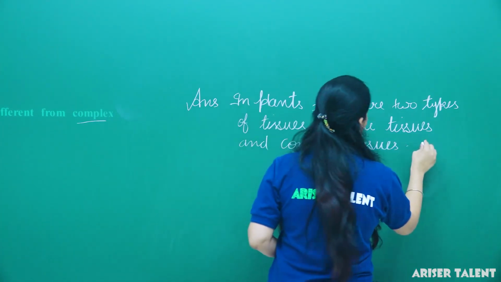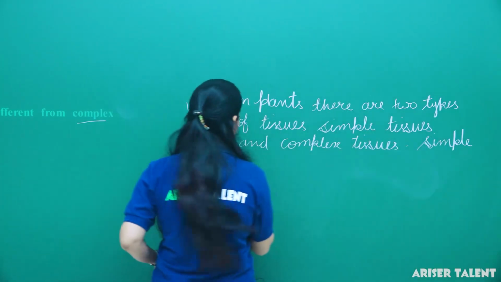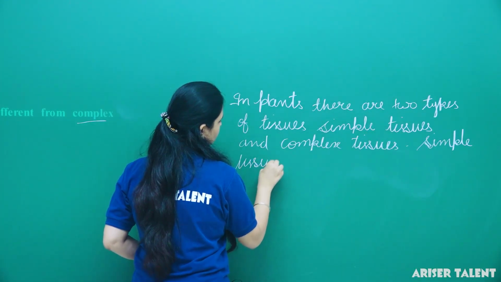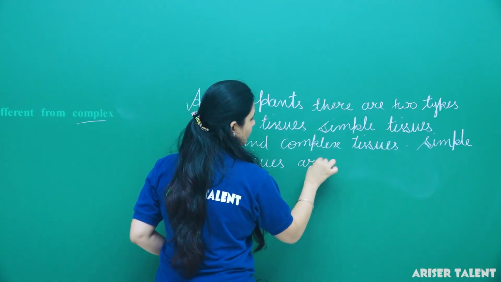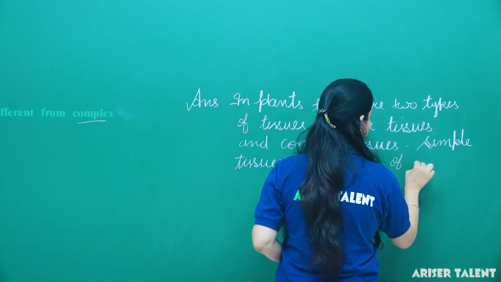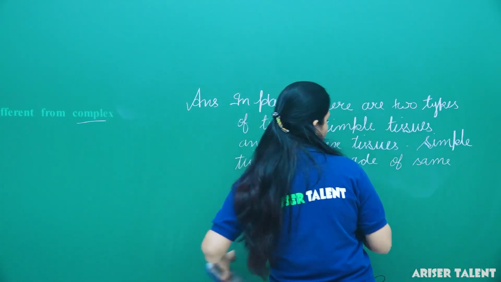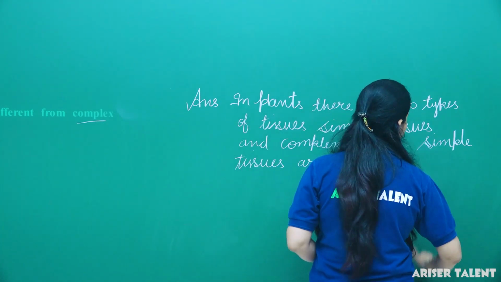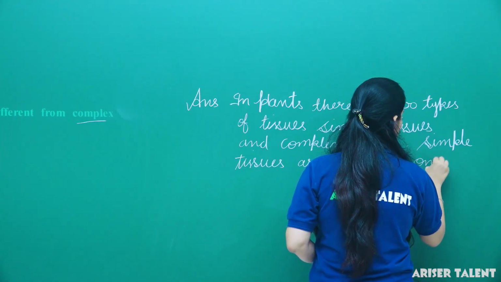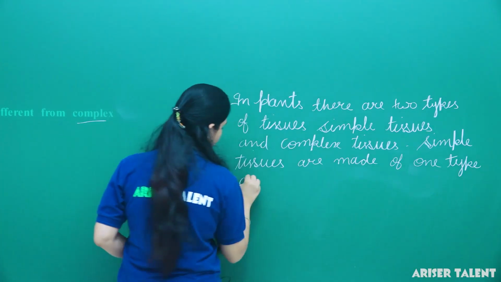So what are simple tissues? Simple tissues are made of the same type or one type of cells.